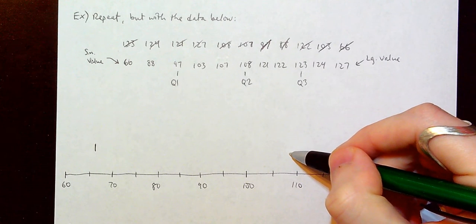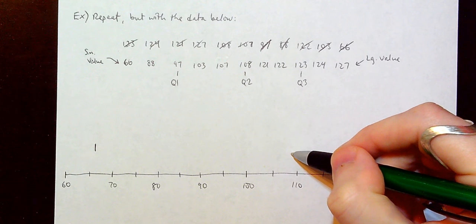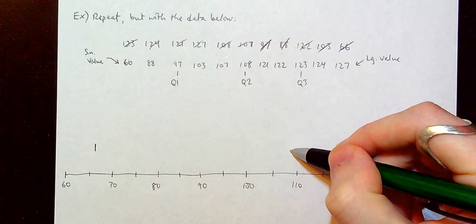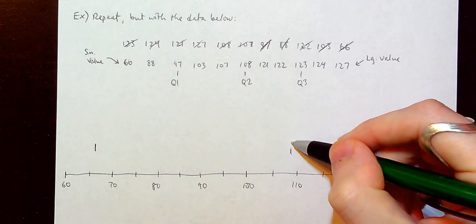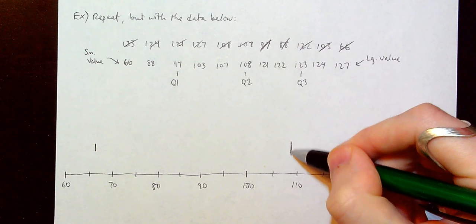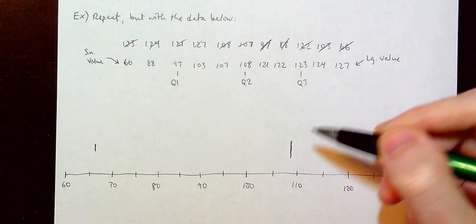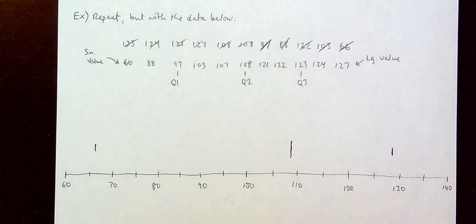Let's go about there or so. Again, this isn't a super detailed number line, so there's a little bit of room to work with here as far as whether these things are actually spot on or not, but at the very least, they are close.